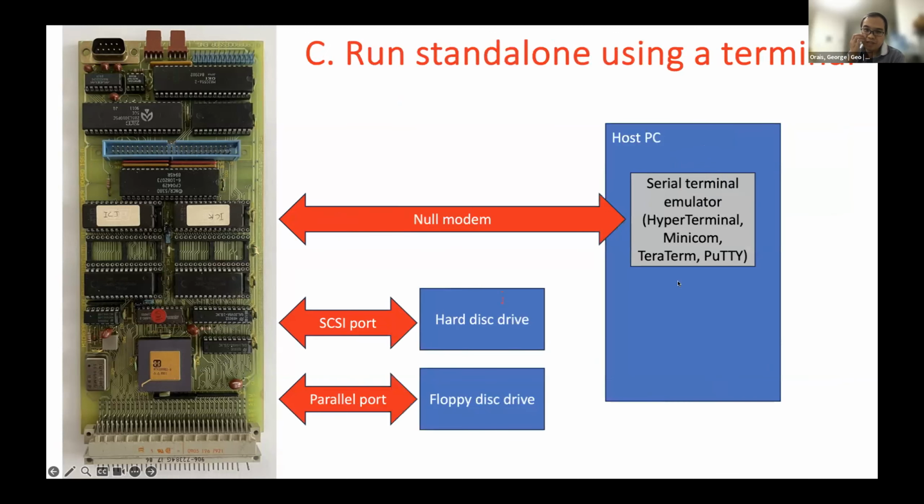The third one, it was mentioned, can run standalone using a terminal. For the board, we need to connect a hard disk through SCSI and a possible floppy disk using the power port, and just use some terminal emulator like HyperTerminal, Minicom, or Tera Term.